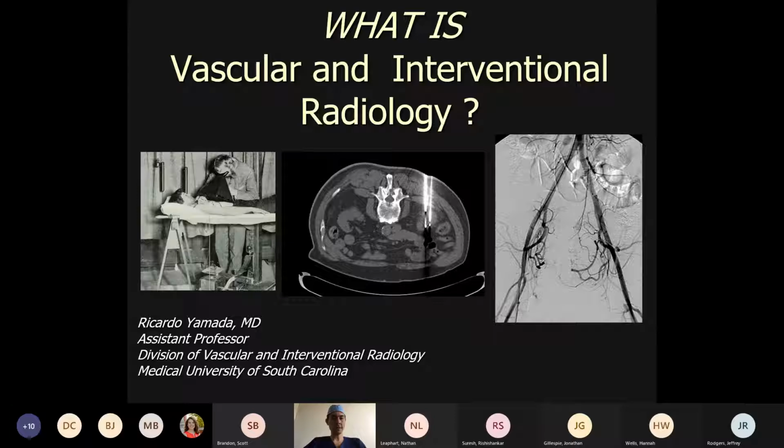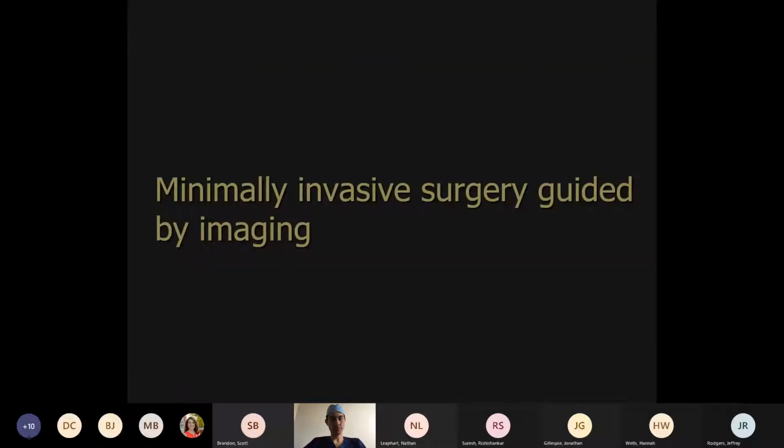You can go to the next slide. So I've tried for many years to get the ideal definition of what IR is, as we have physicians that have no idea what IR does.